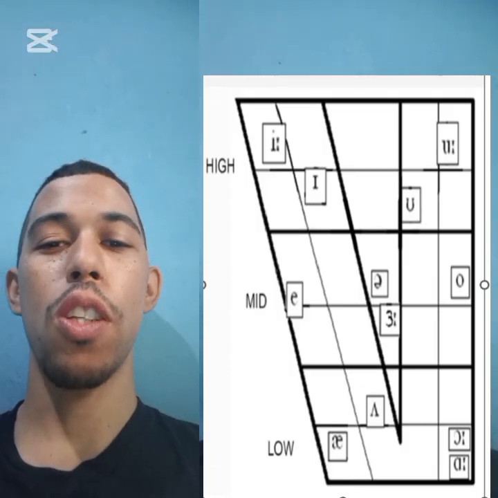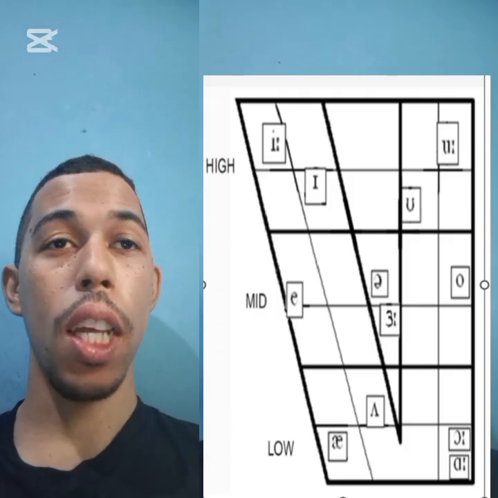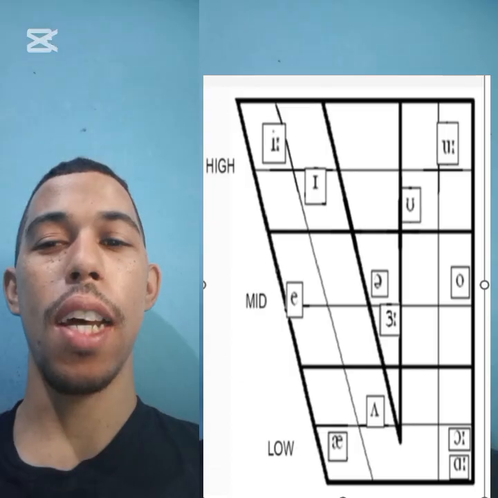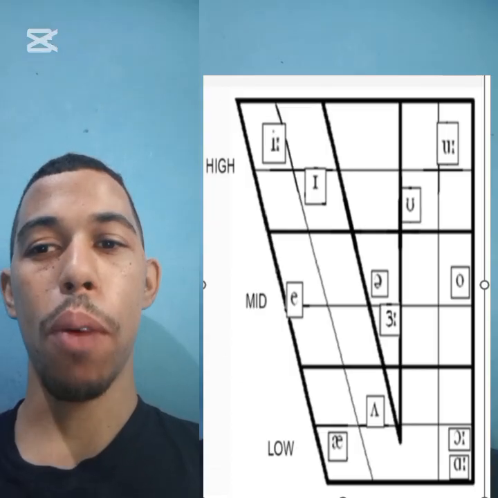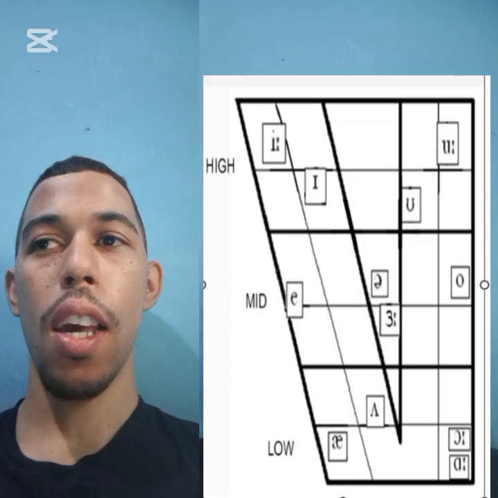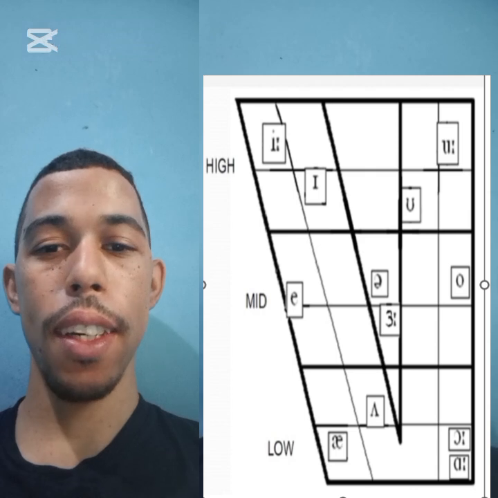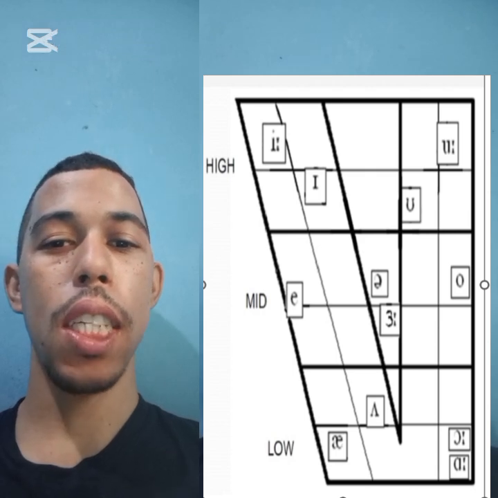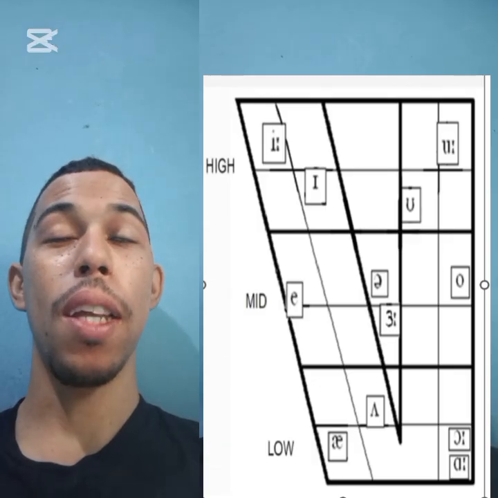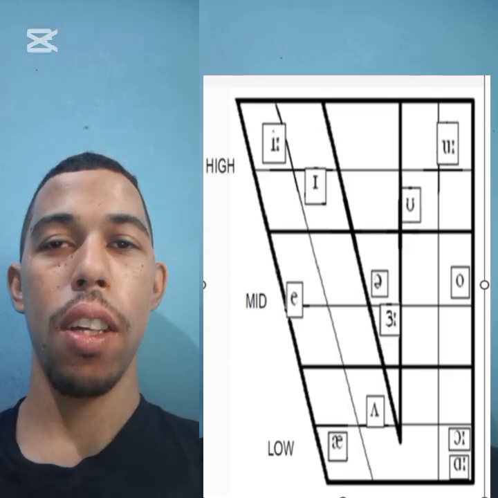For example, you need to pay attention to the position of the oral cavity and your lip rounding, the stress of the vowel sounds, and the length of the vowel sounds. For example, your lips can be spread, like in the vowel sound "ee", or more rounded, like in the vowel sound "oo", or neutral, like in the schwa sound, "uh".